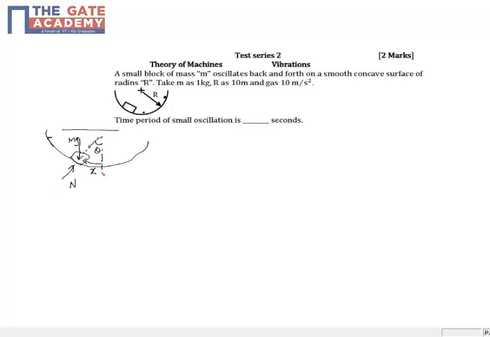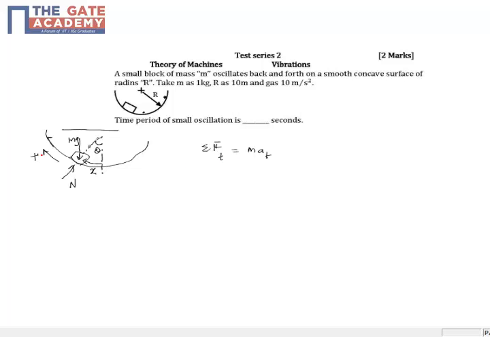Now along this direction I will apply the force, because only along this direction it will exhibit tangential motion and have some acceleration. It experiences circular motion, so it will have both tangential and normal acceleration, but I am interested in the tangential because the oscillation is along the tangential, right?